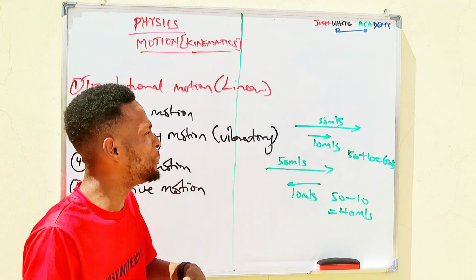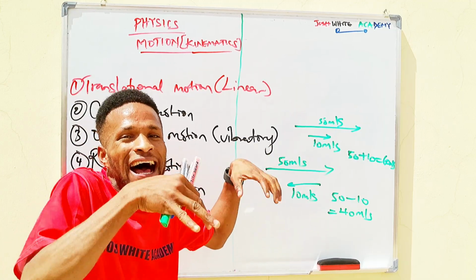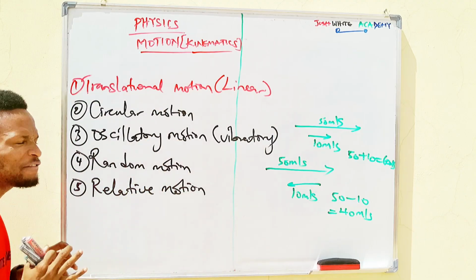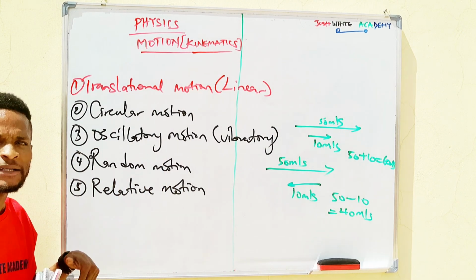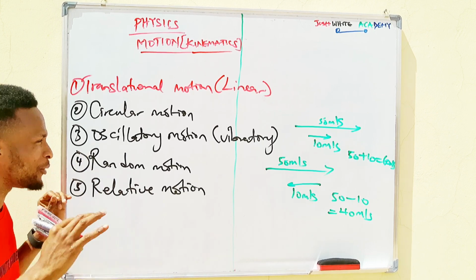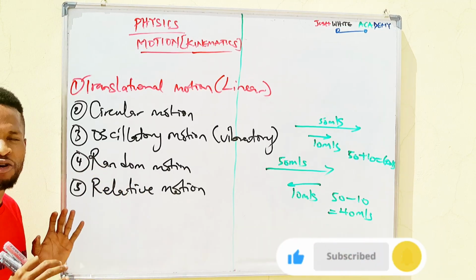That means the person moving in a moving vehicle has higher velocity than the vehicle itself. So that's relative motion. The motion of a body in relation to another different body. So these are important types of motion.